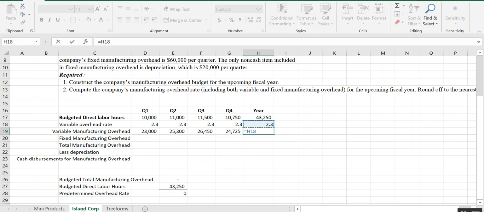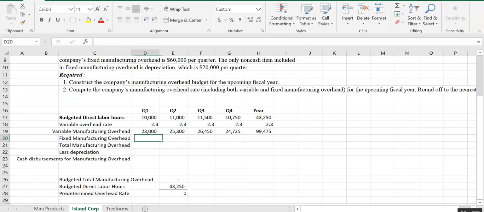For the year to date, it'll be 99,475. So we're going to take those numbers that we compute based on labor hours and add in the $60,000 per quarter of fixed overhead.